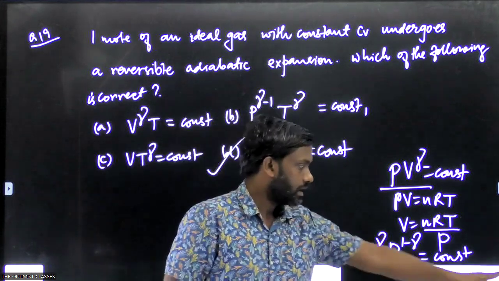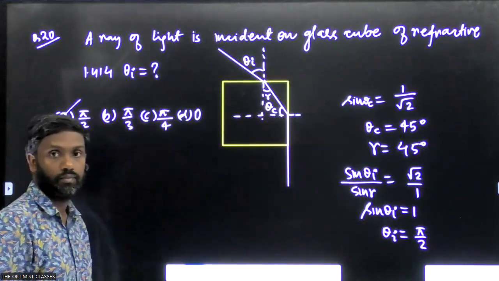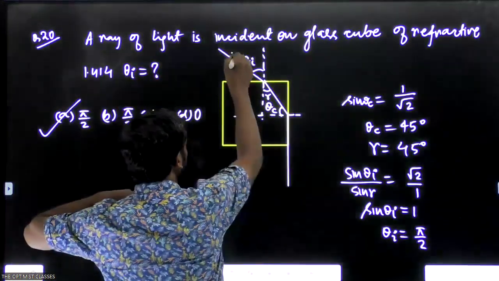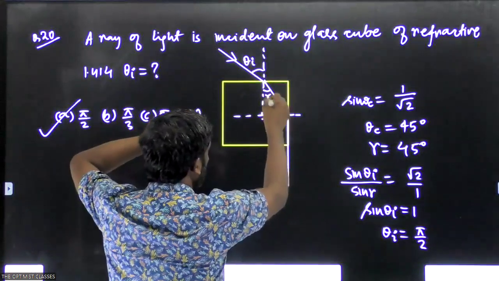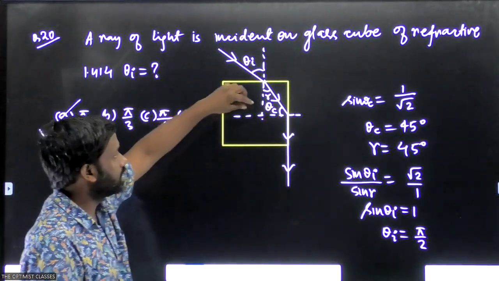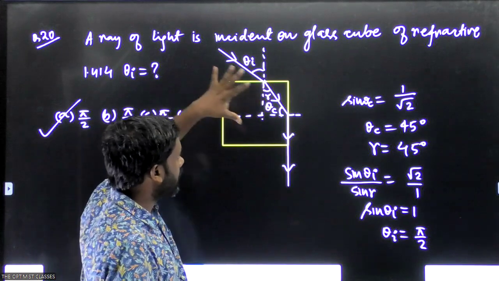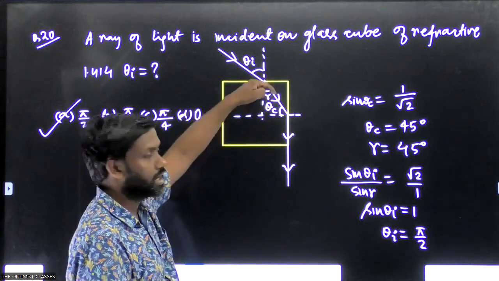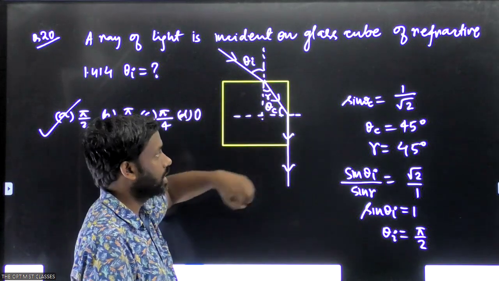All right. Next is this very simple question. It says there is a ray of incident light here. So this is the incident light, going like this and like this. Here you can see that while going from the denser medium to the rarer medium, it is grazing the interface. So therefore, this angle must be equal to the critical angle.